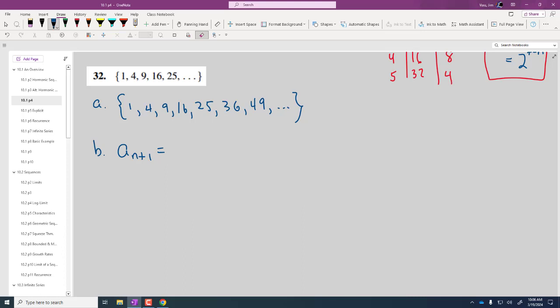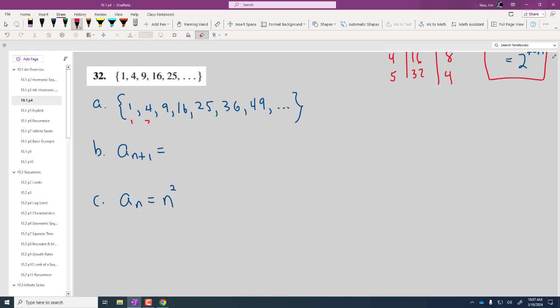The recurrence part is going to be harder, so let's just write down the function form. Isn't the function form simple? n squared. That form is going to be easier in this case. All right, any ideas for the recurrence?